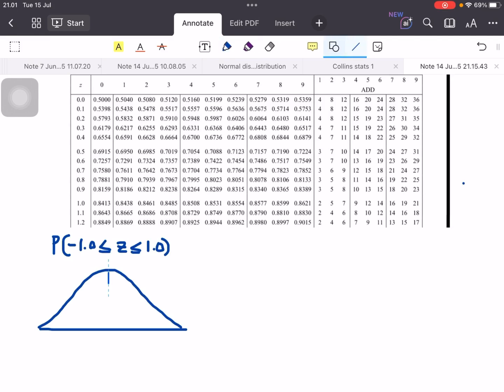Remember, 0 is right in the middle, and then negative 1 is about here on the left of 0, and this one is 1. You are asked to find the area of this shaded region.